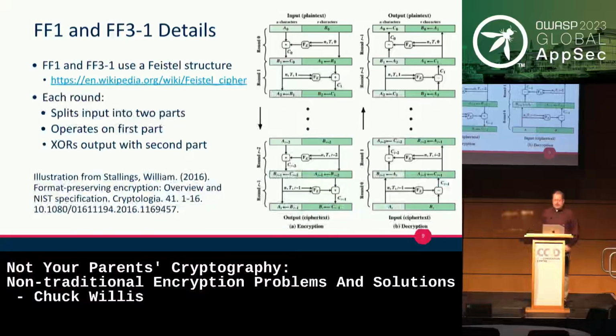So the reality of how these things work is they're what's called a Feistel cipher. I'm not sure if you guys are familiar with that concept, but it's the same type of cipher that AES and DES and things like that are as well. The gist of it is that it's some number of rounds that are repeated, and in each round it takes half of the plaintext data and does some sort of transform on it, and then XORs in the other half of the data that's there.